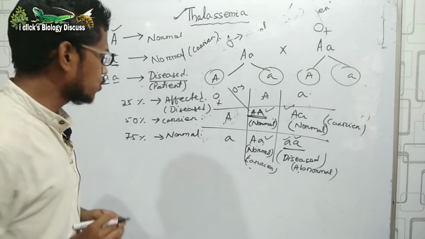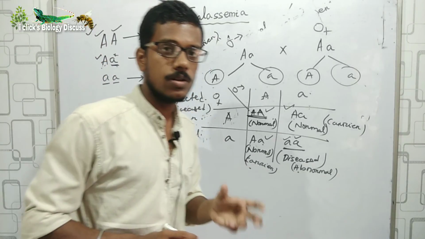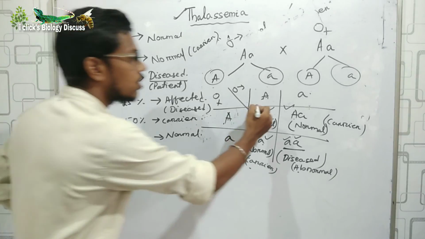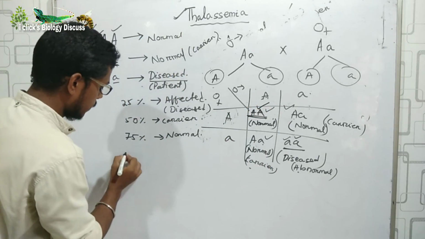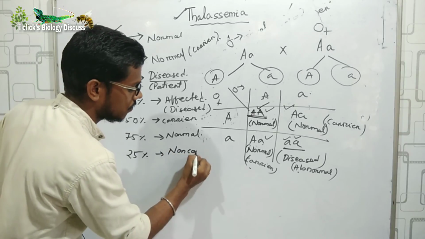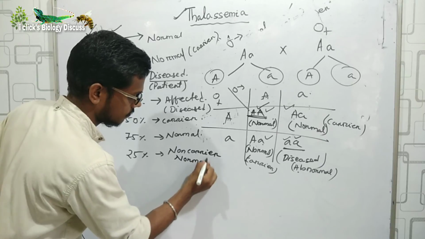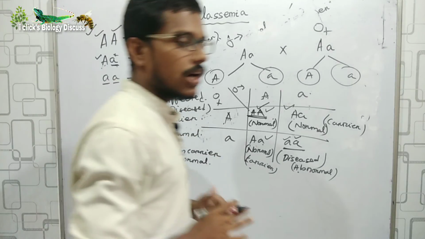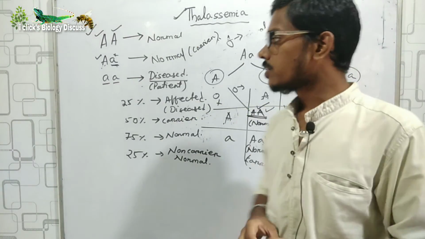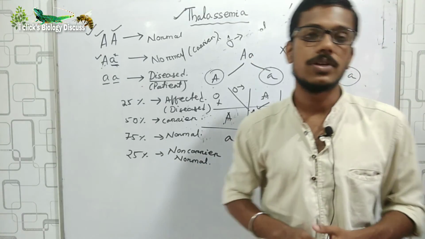If a question asks how many percent are non-carrier normal, this is the non-carrier normal, that means 25%. So this is the inheritance pattern of any autosomal recessive disorder.